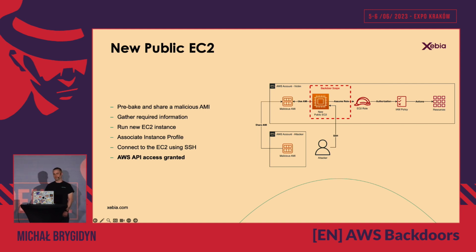I will log into that EC2, create a new local user on that EC2 with an SSH key added, so I can easily SSH into it. Then I will bake an AMI out of this EC2 and share this AMI with my target account. Thanks to that, when I get access to that target account, I can start a new EC2 from the shared image.